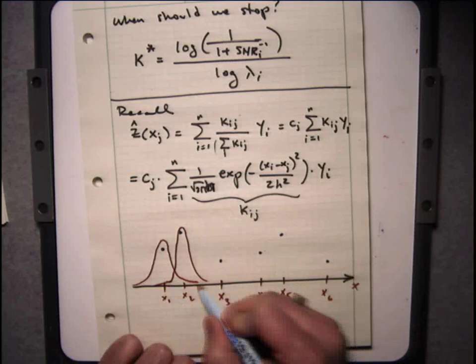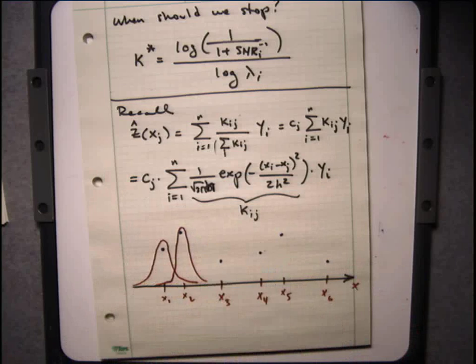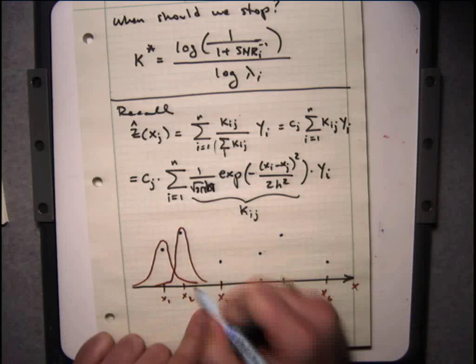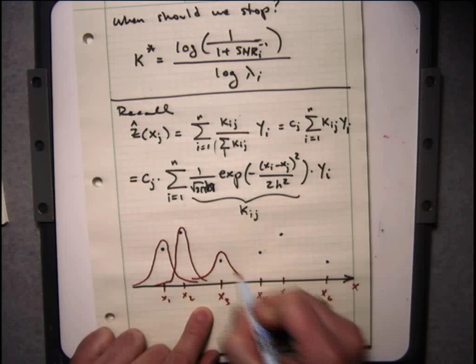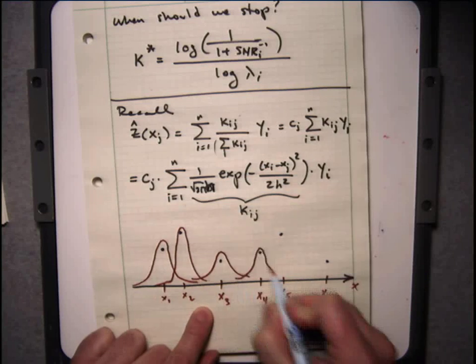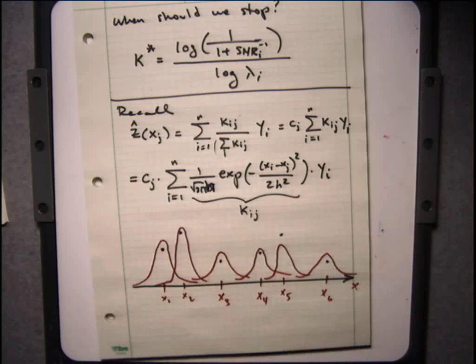You go to this data point, you put a bump. Now, these are supposed to have the same variance, so I apologize for not being very artistically talented here. And then here you put a bump. Here you put a bump. You put a bump.